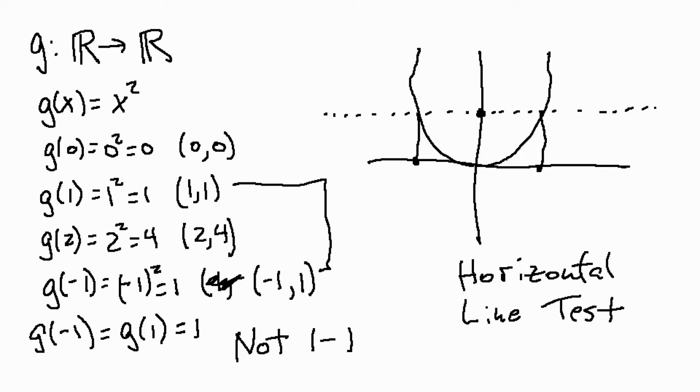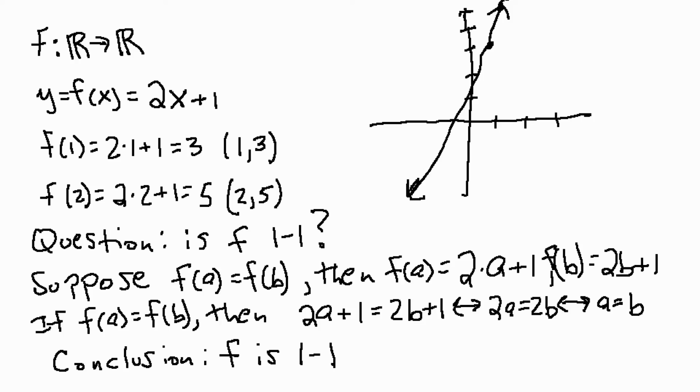See, if we go back and look at our last example, in this case we had the equation of a straight line, you notice that wherever I draw a horizontal line, it only hits the graph once. So this is 1 to 1.